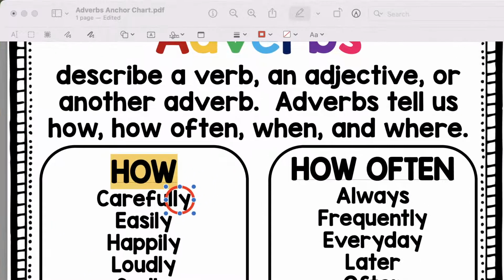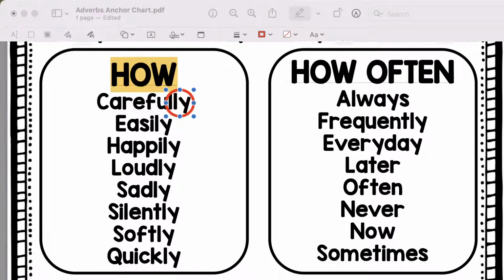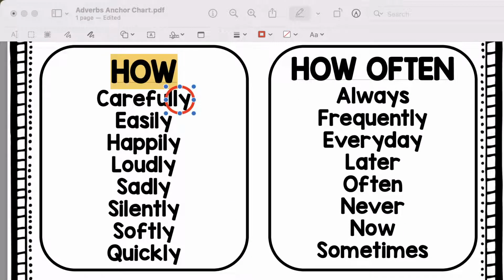I'm not really sure. I could probably find an exception. Maybe you can find an exception. Let's see here. How often? Always. I didn't have all those words up there. I'm sorry for how. Carefully, easily, happily, loudly, sadly, silently, softly, quickly.